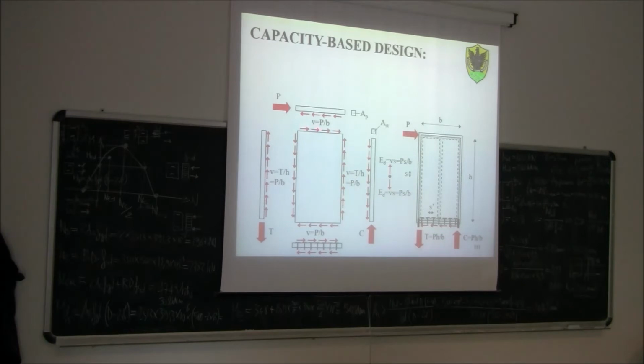The shear on this side is basically the tensile force divided by H. So in the end, from the equilibrium, the strength demand in one nail, ED, will be V, the shear force per unit length, times the spacing. So it's P times S divided by B.